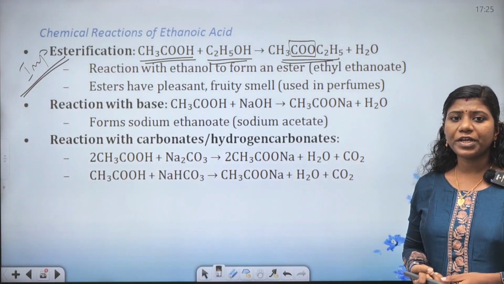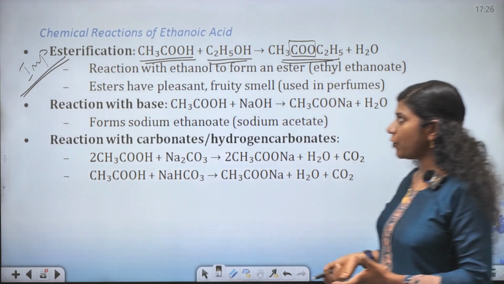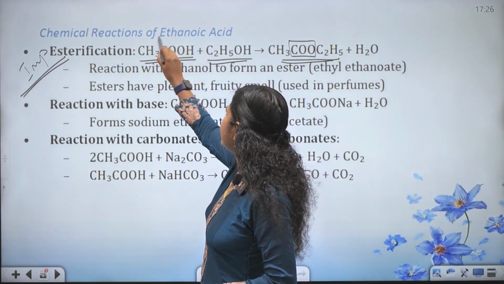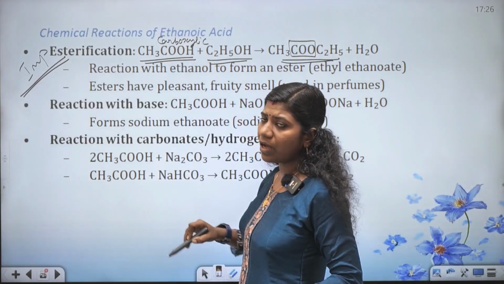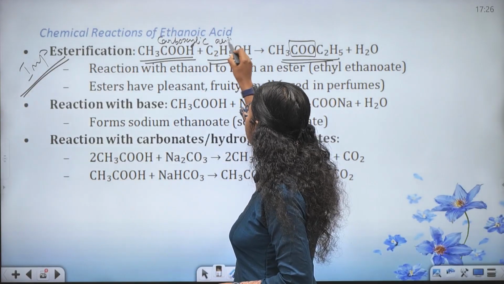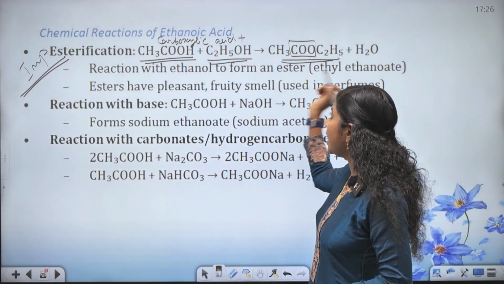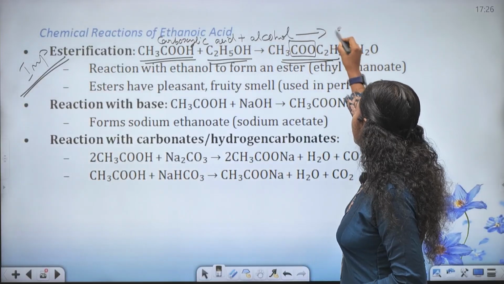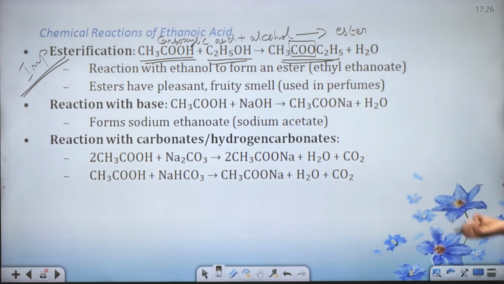Esterification means formation of an ester. How to form an ester? Any carboxylic acid reacts with an alcohol, any alcohol, to form the corresponding ester.